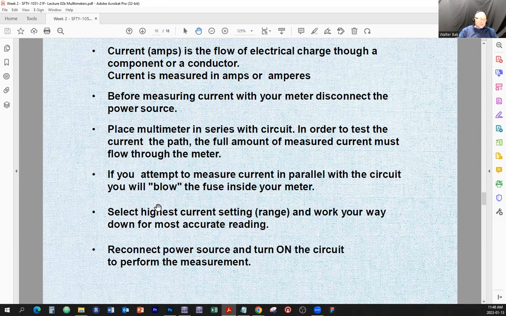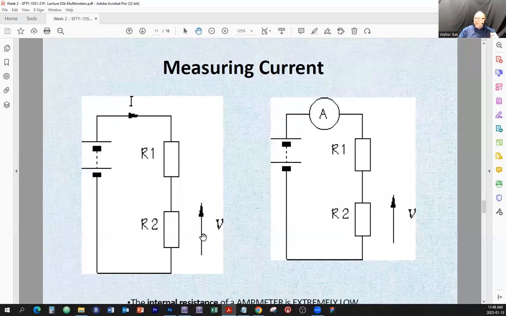Because if you don't know what the current is and you select some lower range, like let's say there's 5 amps flowing and you select the 200 milliamps range, you're going to blow the fuse of your meter. Then reconnect the source and turn it on to perform the measurement.